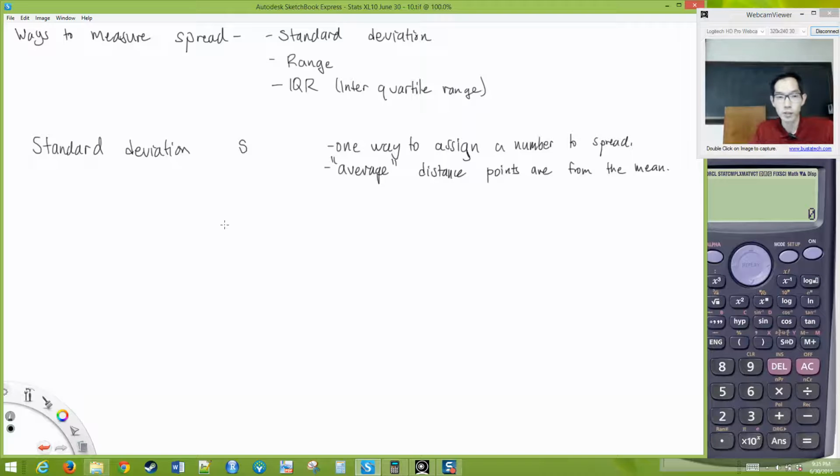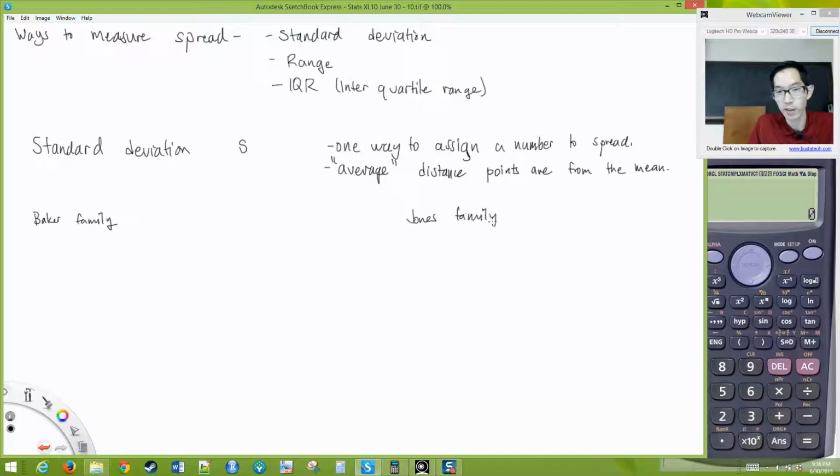Okay, so let's just do 2 simple examples here. Let's say we have 2 families, and they each have 5 kids. So we've got, I don't know, the Baker family, and we have the Jones family.